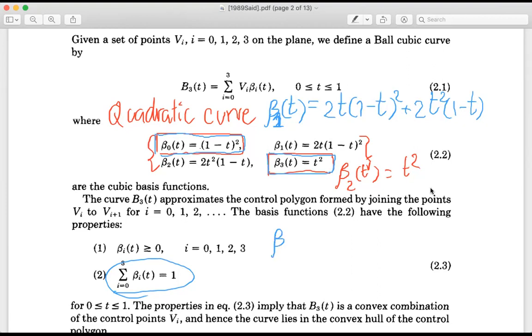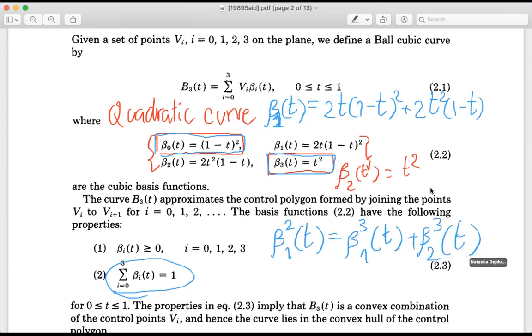I want to indicate that it is degree 2, so B2,1(t) will be equal to B3,1(t) plus beta of degree 3 index 2. So we can have 2t(1 minus t). This one is a common factor.